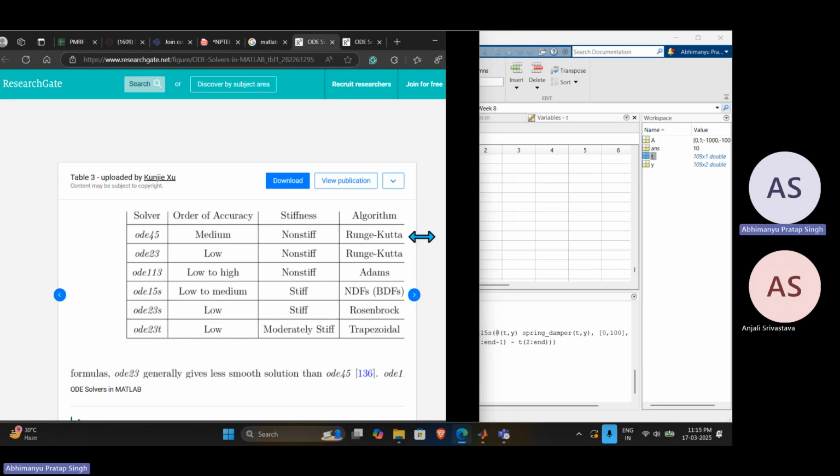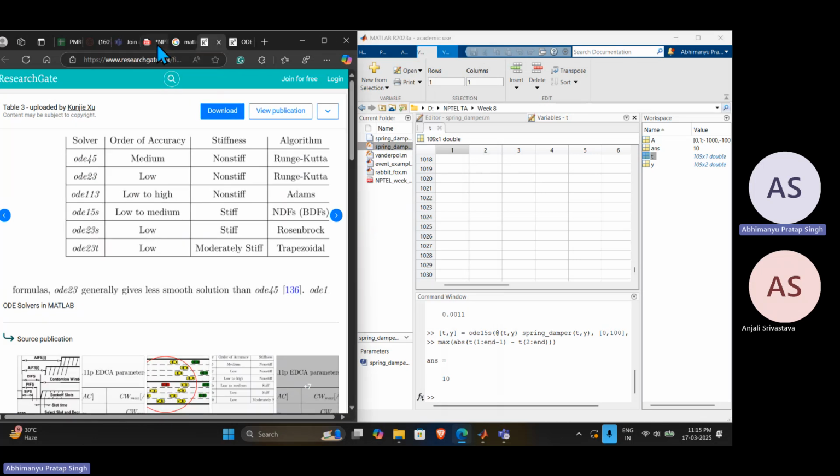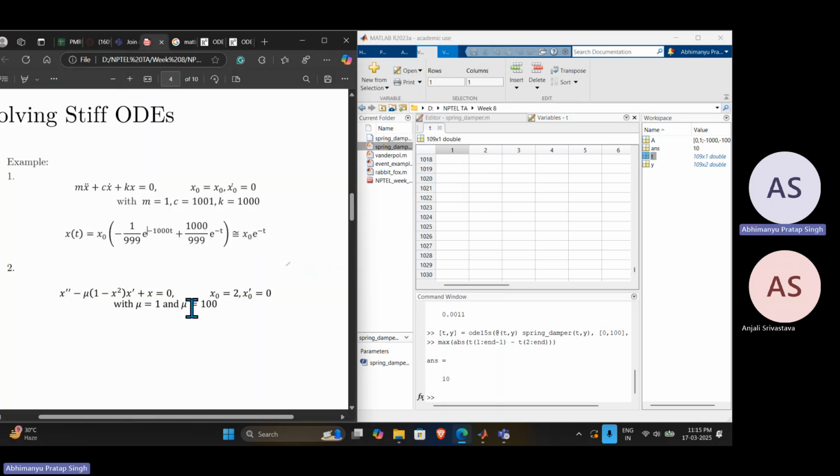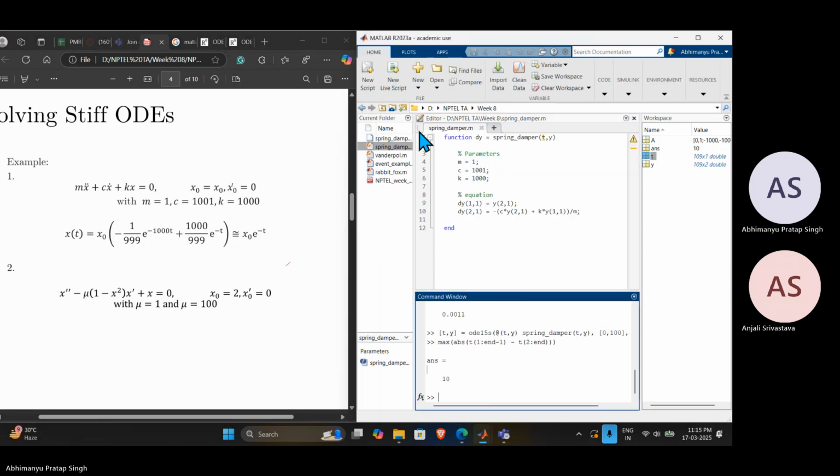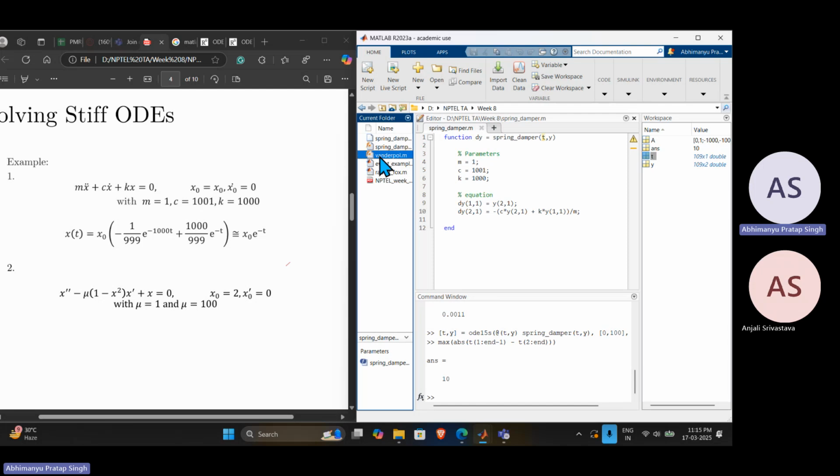So we will look at one more textbook problem, which is the van der Pol oscillator. I already have a code for this.